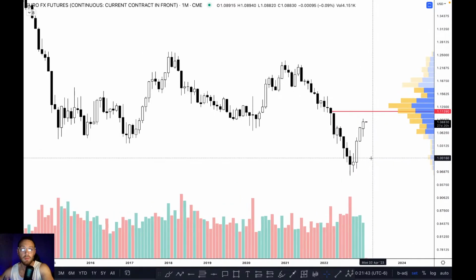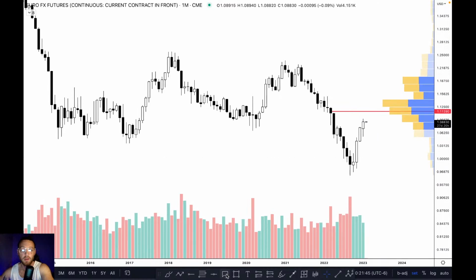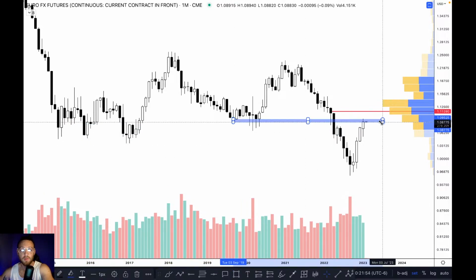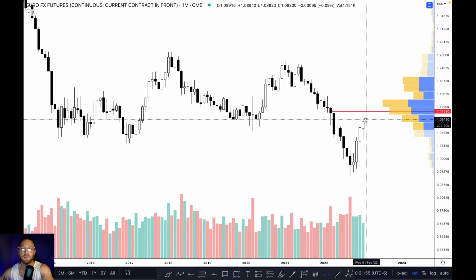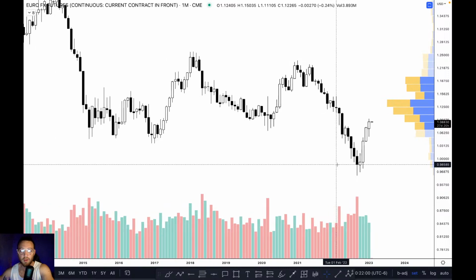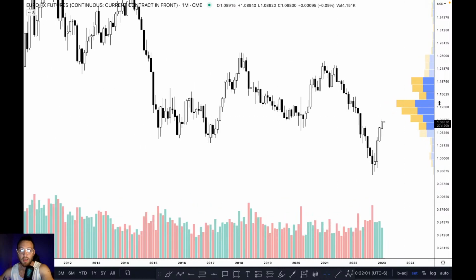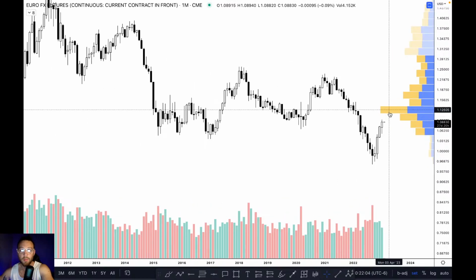most likely, but we're coming into an area just like the dollar was, where, especially just right here, we should see some type of rejection. The volume profile is suggesting that it could come up a little bit higher still, right up into this level, which I would really expect a drop from there.